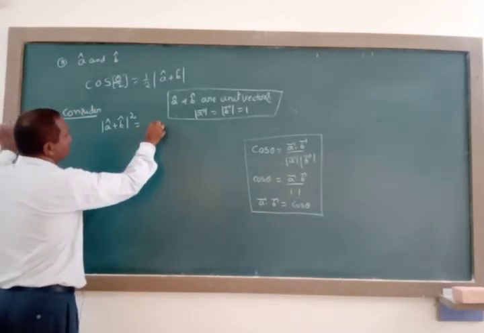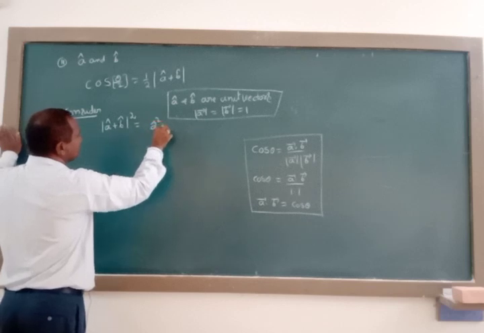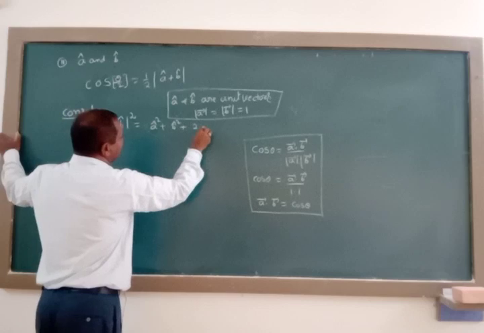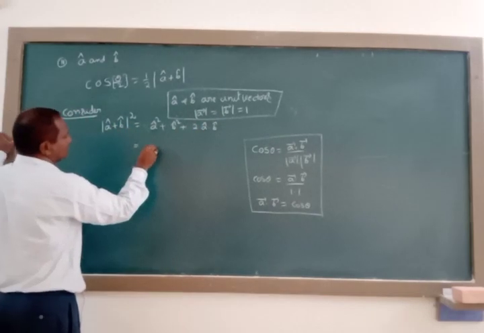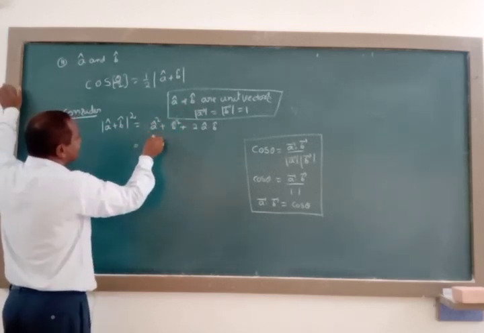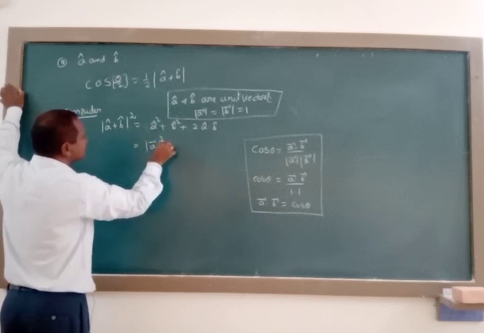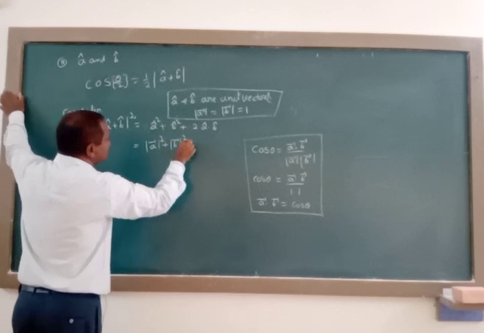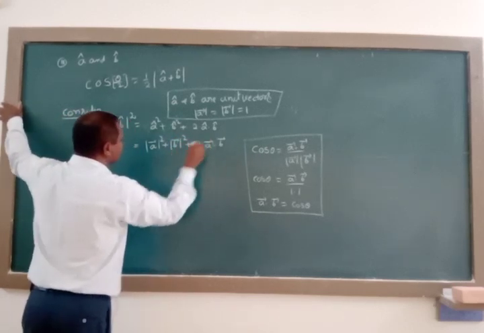Magnitude of a cap plus b cap whole square is a cap square plus b cap square plus 2 a cap dot b cap, or you can take vector notation also here. A cap square, because they are unit vectors, that's what we can take instead of them as magnitude of a bar square plus, next one is magnitude of b bar square plus 2 a bar dot b bar here.